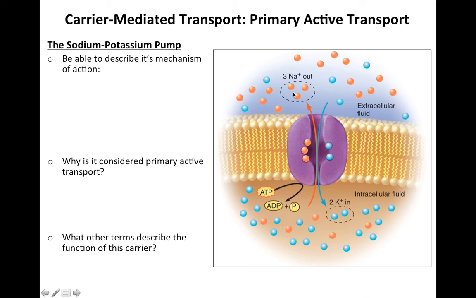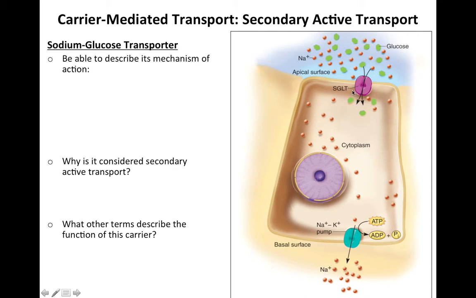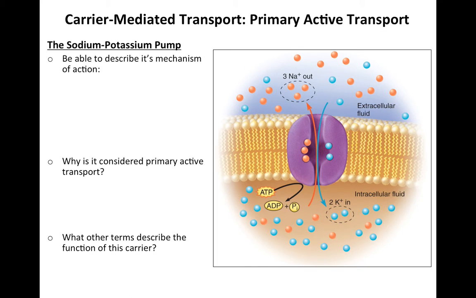Here we're looking at the sodium-potassium pump. It gives you more specifics here of how that pump actually works. And then the sodium-glucose transporter. Please feel free to watch videos through APR that show you how both the sodium-glucose transporter and the sodium-potassium pump work prior to trying to answer these examples.